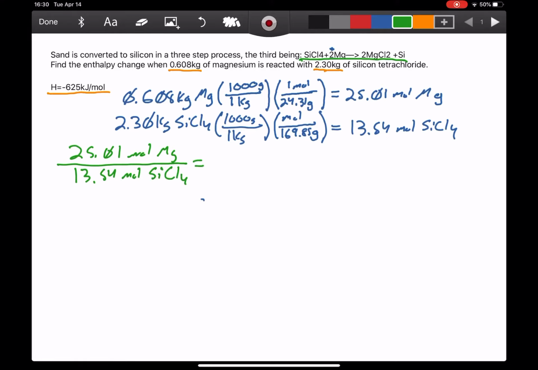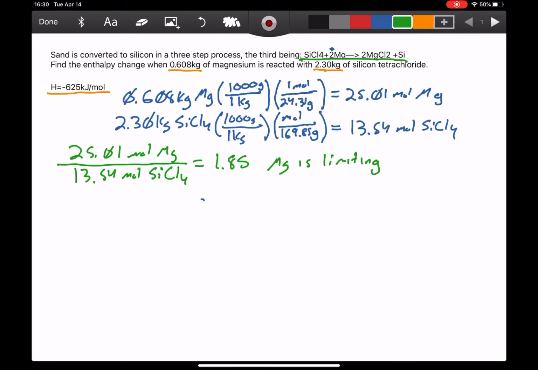If the ratio for silicon tetrafluoride and magnesium were perfect, it would equal 2. If it was greater than 2, we would find that the magnesium was in excess. But as it turns out, 25.01 divided by 13.54 is 1.85, which means that magnesium is limiting in this reaction.